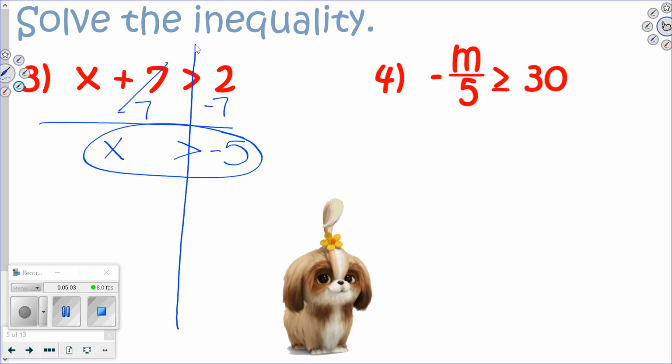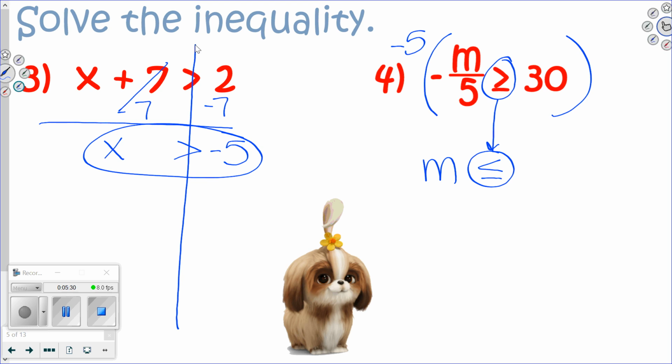All right, what about number 4? It's a fraction, so what should your first instinct be? Yeah, we'll multiply by 5. Just 5? Yeah, I'd go -5. That way I can get rid of that. So when we do this, -5 divided by -5 is 1 times m is m. This greater than or equal to flips to a less than or equal to, because I multiplied by a negative. -5 times 30? -150.